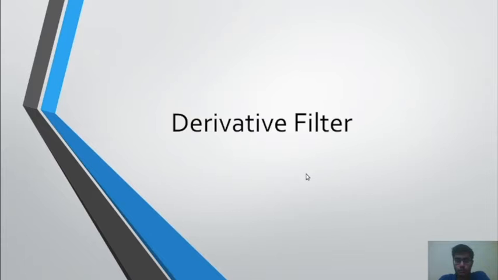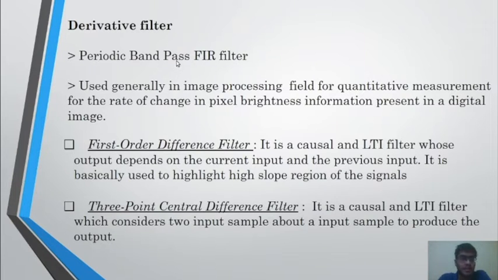Now let's move on to the derivative filter. Derivative filter is a periodic bandpass finite impulse response filter. It's generally used in the image processing field for quantitative measurement of the rate of change in pixel brightness information present in a digital image.